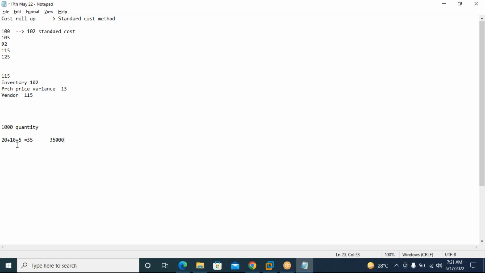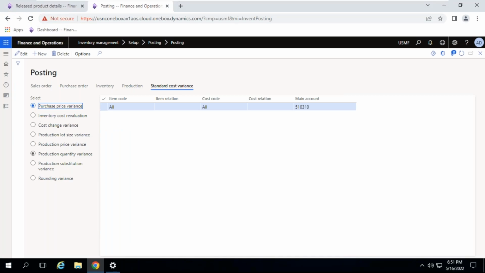Now while producing 1,000 quantity, only 900 is good quantity and 100 is damaged. I need to track this, so this damaged quantity will be posted to a different account in the production.